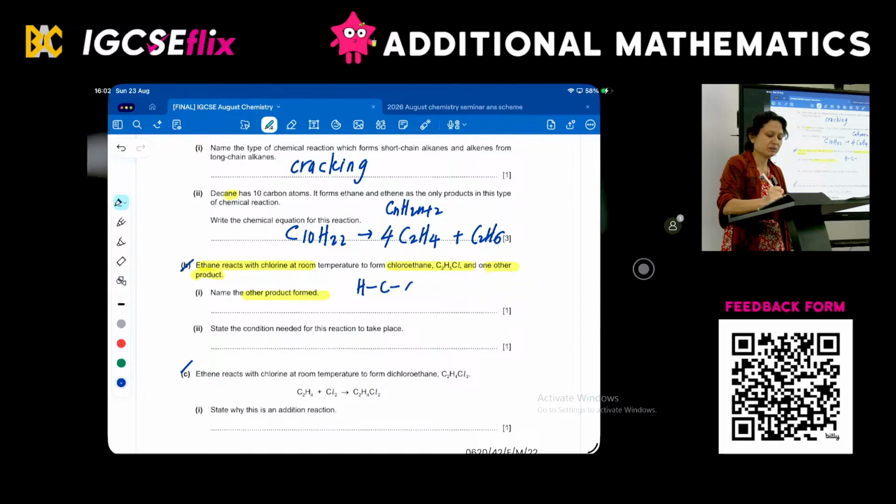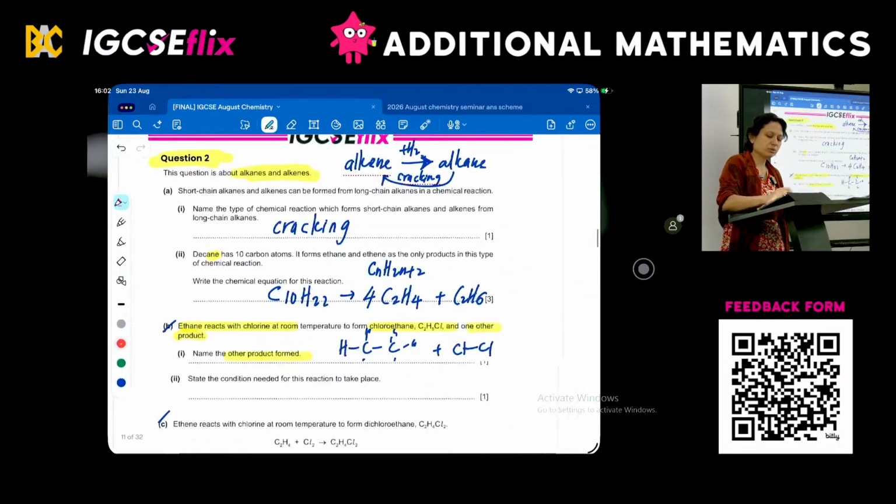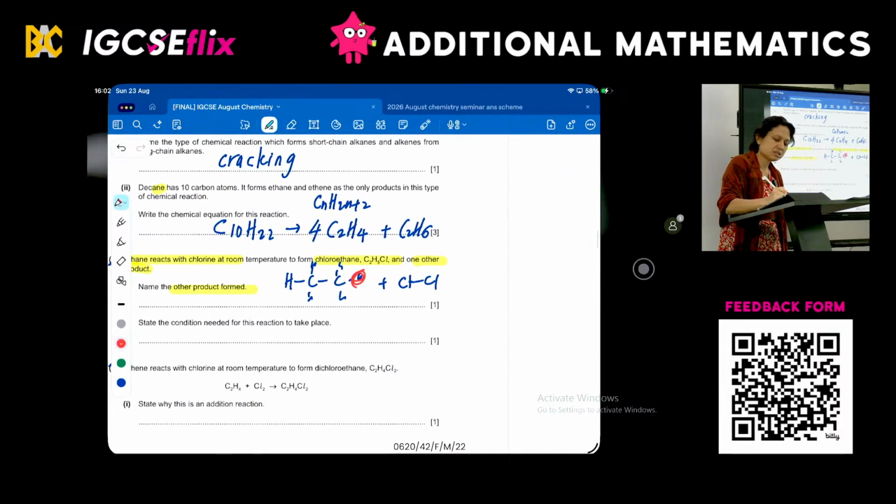Okay, now we draw it out. So this one is ethane, right? React with chlorine. Chlorine is ClCl. So how do they switch? They switch this and this. Switch around, right?